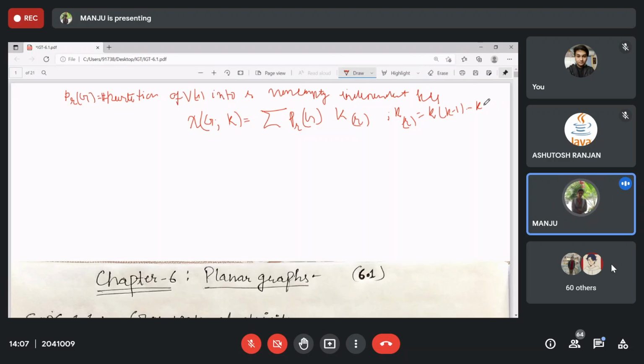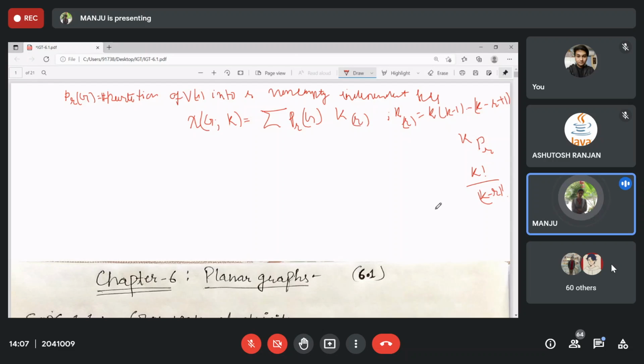Again, I'm writing the same thing. This will be your k sub r, right? This is also k factorial divided by k minus r factorial, right?